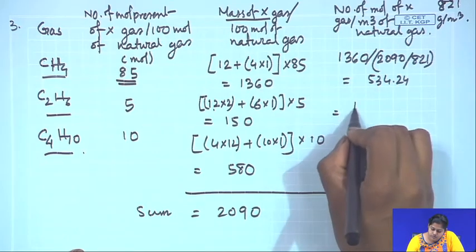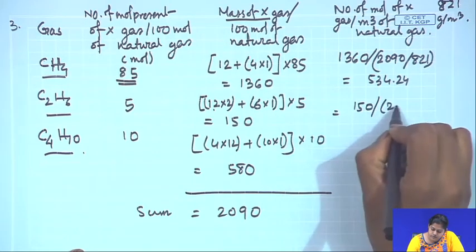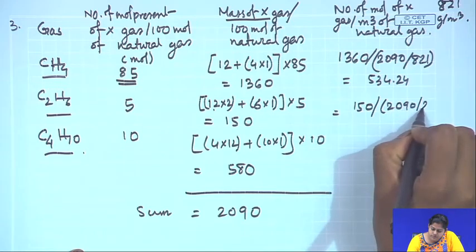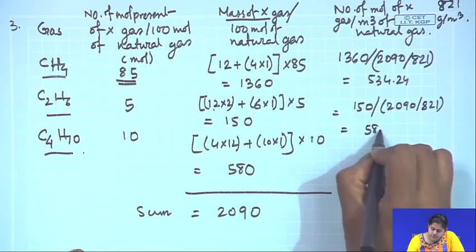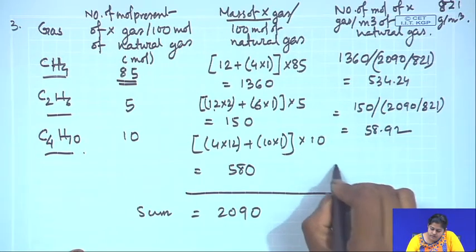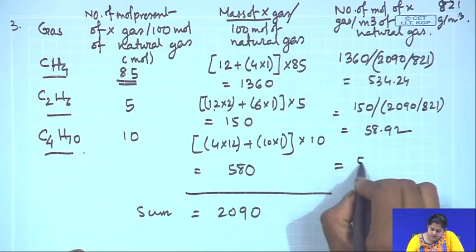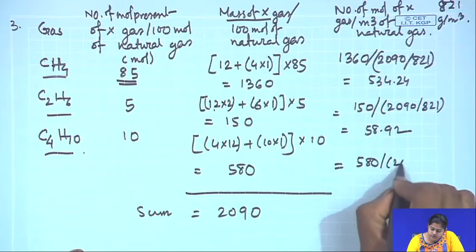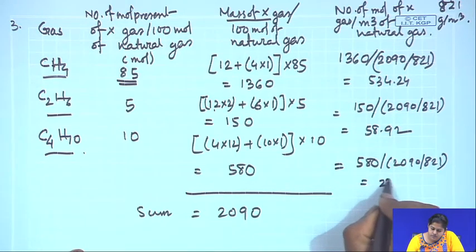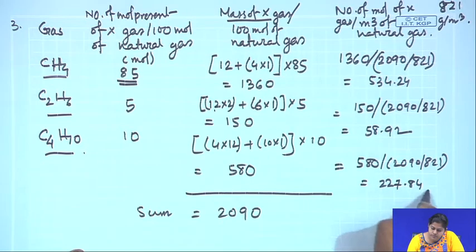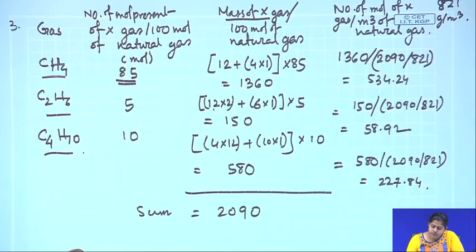Similarly, 150 divided by 2090 divided by 821 will be 558.92, and in the third case this will be 580 divided by 2090 divided by 821, which will be 227.84.